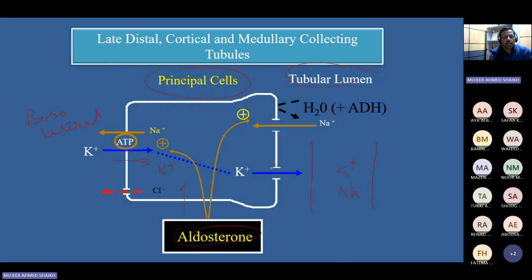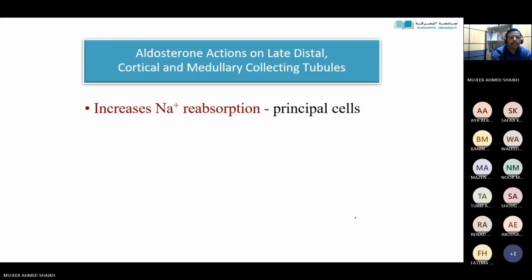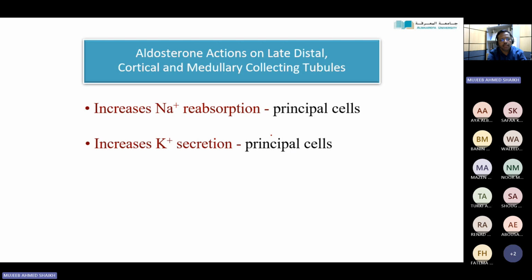On the luminal side it will insert potassium channels, which will release potassium into the lumen, and then potassium will be lost into the urine. Simultaneously it will be absorbing more and more sodium. So sodium reabsorption along with potassium excretion is the function of aldosterone on the principal cell. The end result is increased absorption of sodium and increased secretion of potassium by the principal cells.